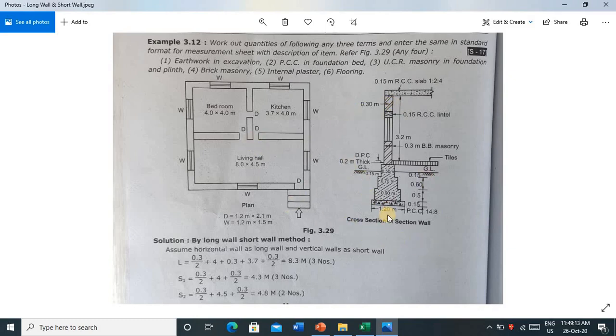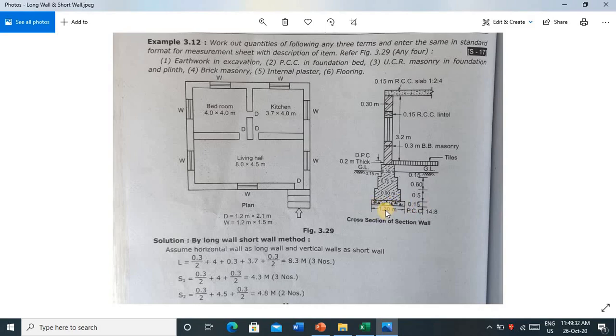The details are given here in the section. It is written as 1.20, and 1.20 is nothing but your width of excavation. It means you need to excavate for this much width. Then the PCC is given, 0.15 depth of PCC.